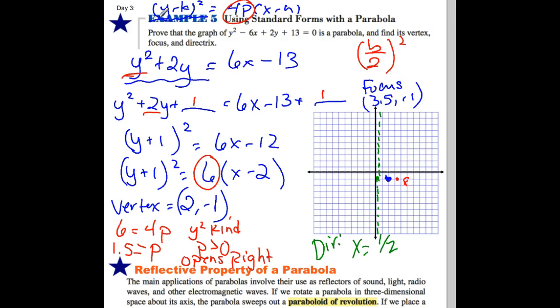Okay, so we're going to go from our focus up 3 and down 3. All right, that would give us a focal width of 6. Okay, and now we can draw a parabola. Okay, questions about that?